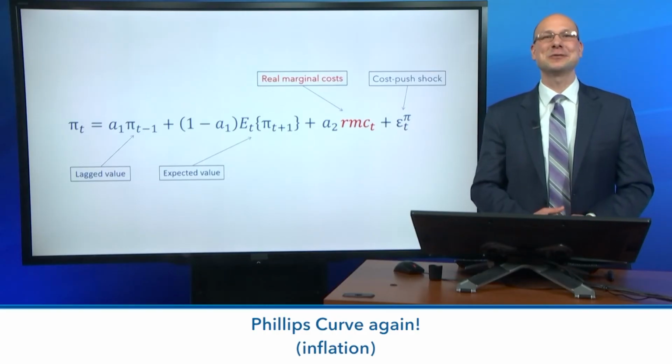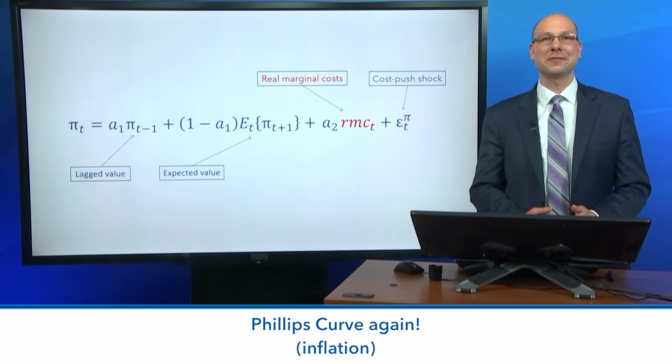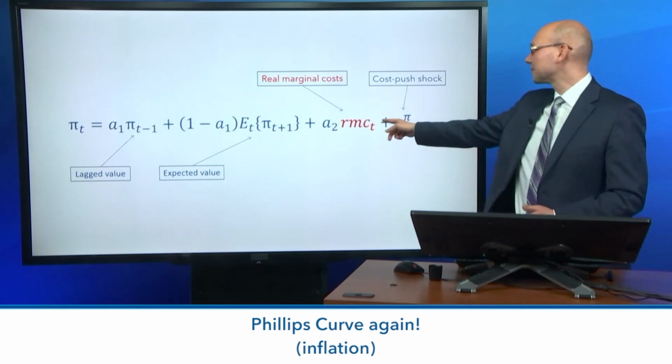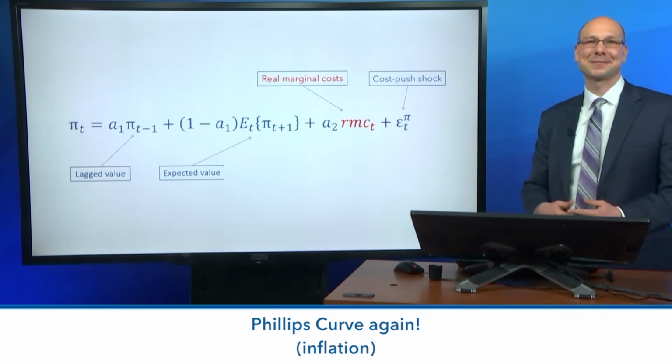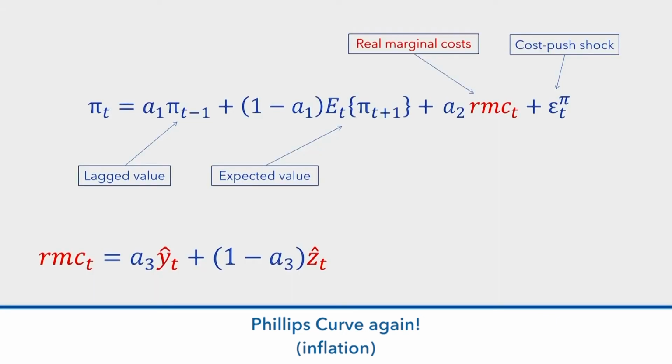Let's circle back to the Phillips curve that summarizes the price-setting behavior of firms. Firms respond to changes in the cost of production, which is captured by the real marginal cost variable. Real marginal costs have two components. Cost pressures can be domestic, approximated by the output gap, or foreign, approximated by the real exchange rate gap.